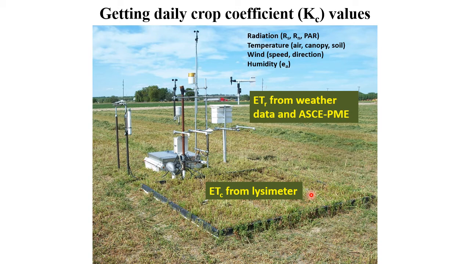Essentially, it's a box that sits on top of a weighing scale, and that box has soil with an actively growing crop. And so this lysimeter can track the evapotranspiration, the actual evapotranspiration of the crop. And the Kc, every day, the ETc from the lysimeter and the reference ET from the weather data can be taken as a ratio, and this ratio represents the crop coefficient.